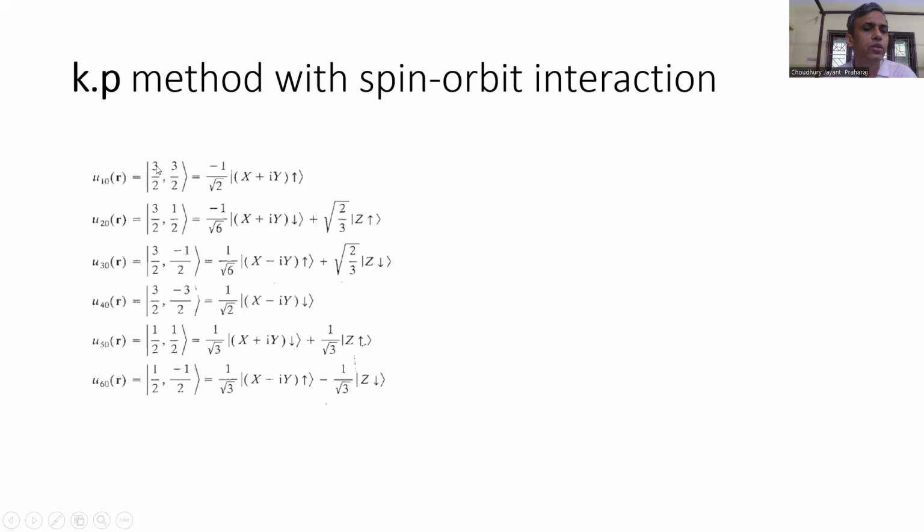And then with total angular momentum 3/2, the z component of the angular momentum can be 3/2, half, minus half, and minus 3/2. And then you have total angular momentum half, where the z angular momentum can be half or minus half. So you can use this as the basis for the valence band part.